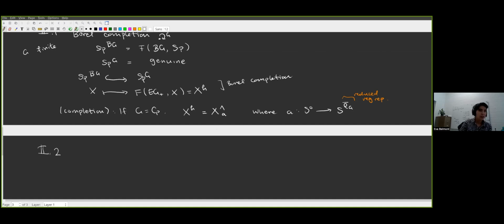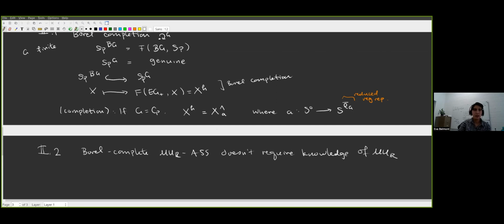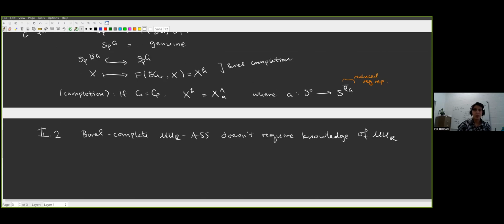Okay, so the claim is that the Borel-complete MU_R-based Atiyah spectral sequence doesn't require knowledge of MU_R, and therefore can be generalized to other sorts of groups, in situations where we don't have an analogous notion of MU_R. I'll just sketch this.